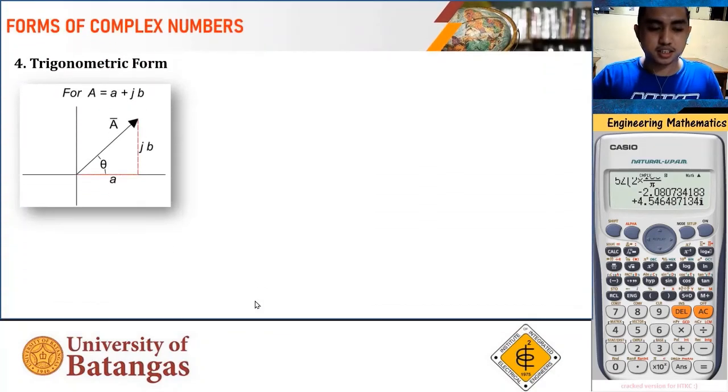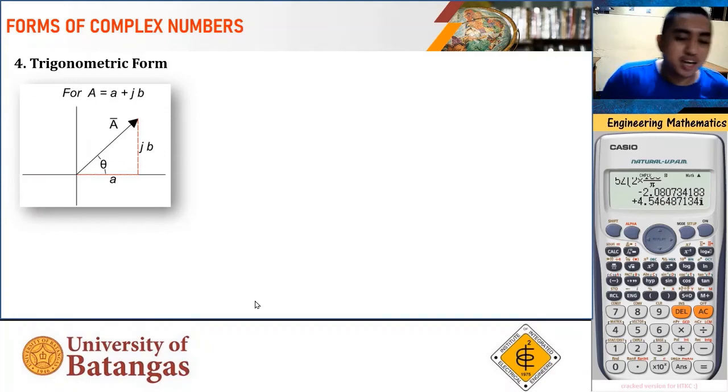Next. Para sa trigonometric function naman. So, for A equals A plus JB, ganito yung ating diagram. So, ulitin natin. Ito yung ating A para sa real part. Then, this is JB para sa imaginary part.